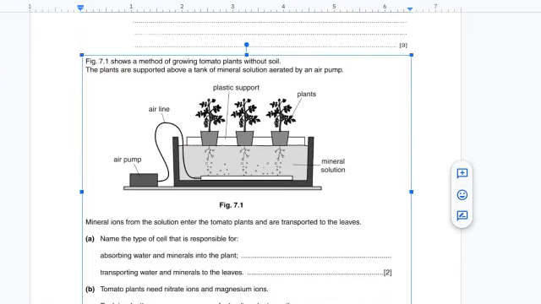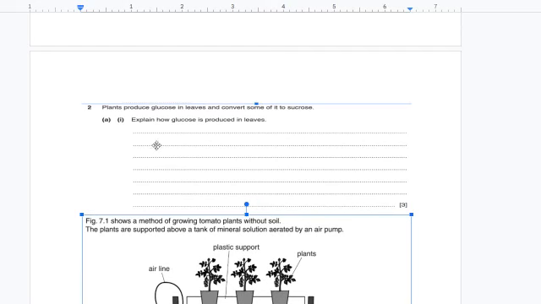So this is hopefully the last question. Hopefully this question is clear that plants are autotrophs, and autotrophs are the organisms which can prepare their own food.